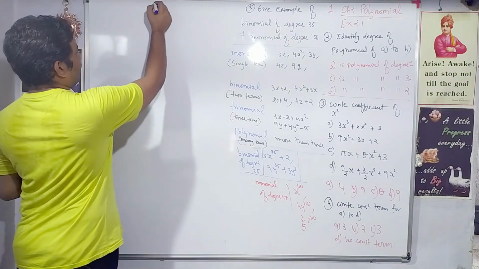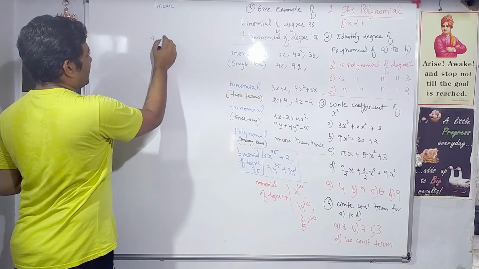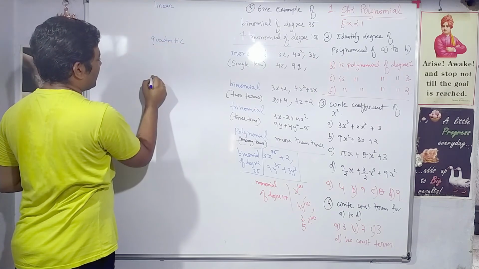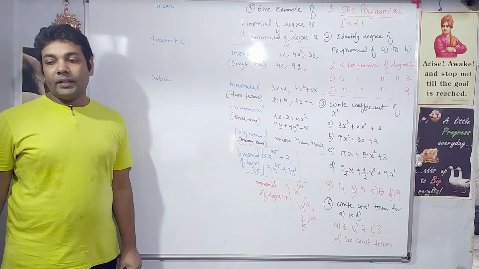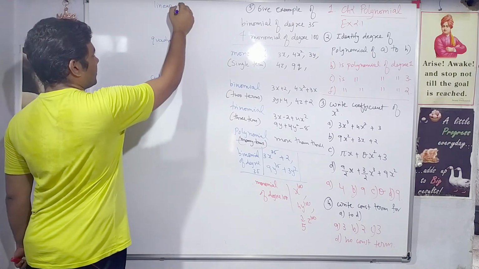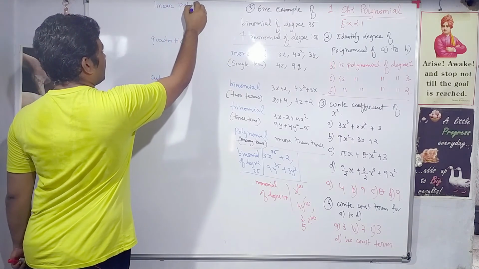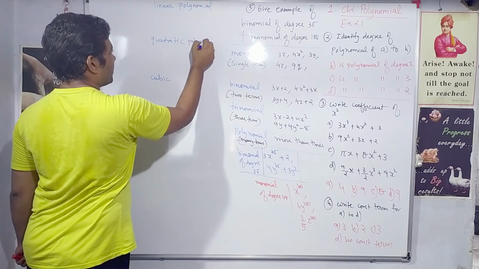Then next we have linear, quadratic, cubic, right? Linear, quadratic and cubic polynomials. What do we mean by a linear polynomial? Then what do we mean by a quadratic polynomial?